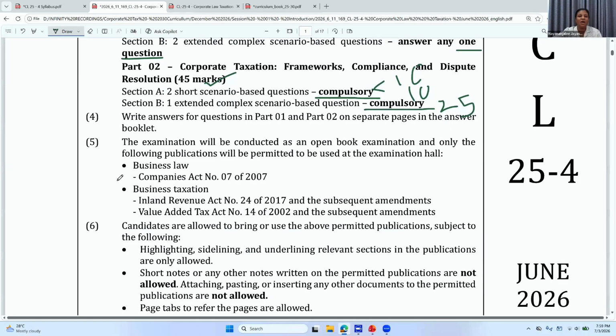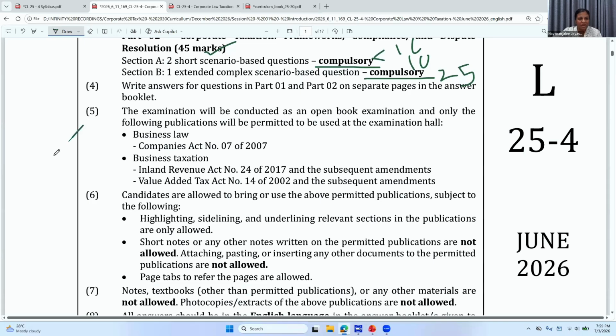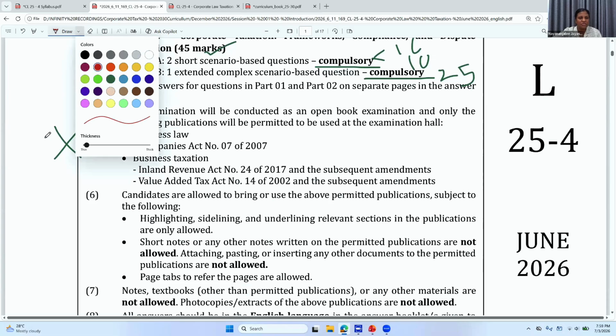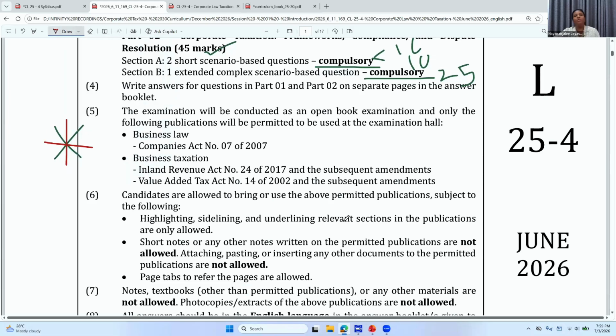And now this is very, very important. Let me come to the open book referential materials. The examination will be conducted as an open book examination and only the following publications will be permitted to be used at the examination hall.